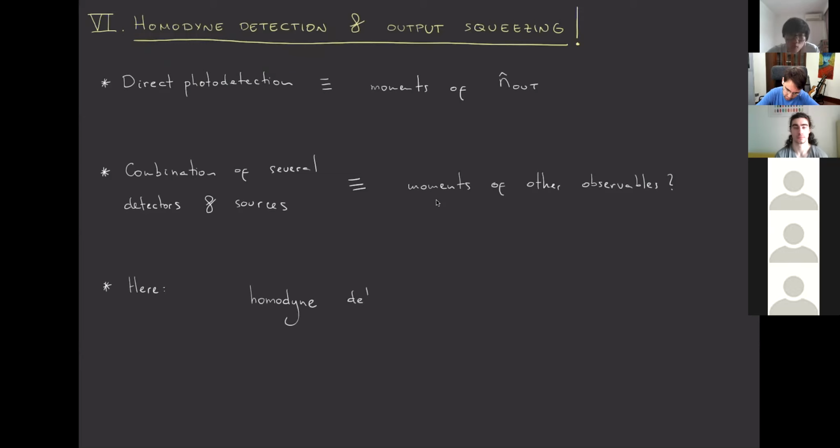This Homodyne detection is equivalent to the measurement of the moments, or again, the stochastic current generated in this detection will have moments from which you can infer the quadrature moments.